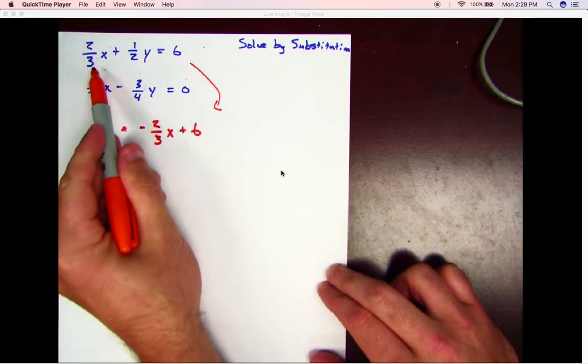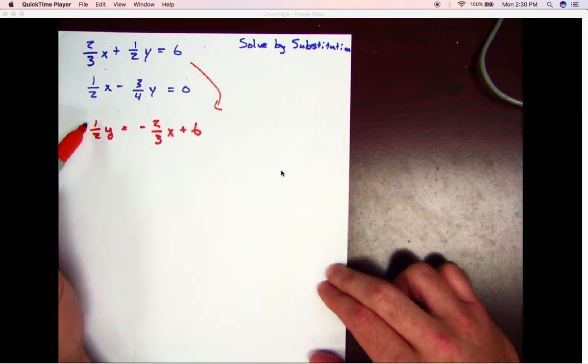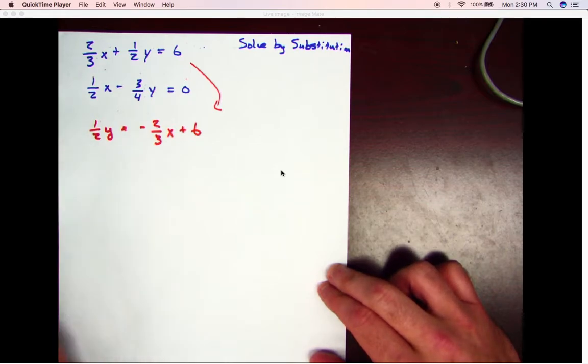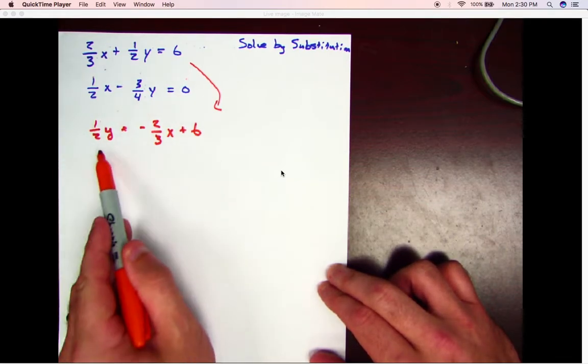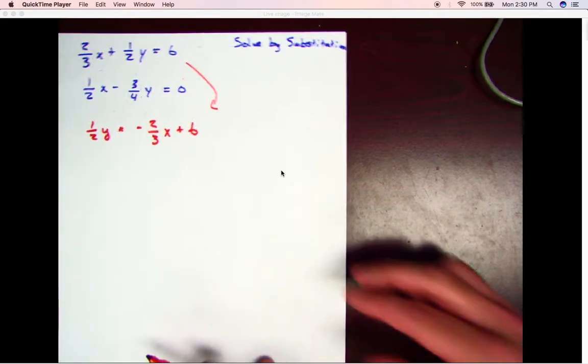All I did was subtract 2/3 x on both sides of my equation. Now, to get y by itself, I have 1 divided by 2 y. In order to get rid of that 1 divided by 2, I have to multiply both sides of my equation by the reciprocal of 1 over 2, which is 2 over 1.